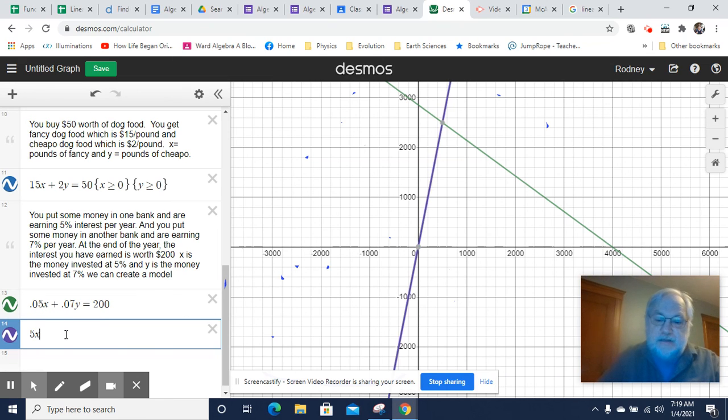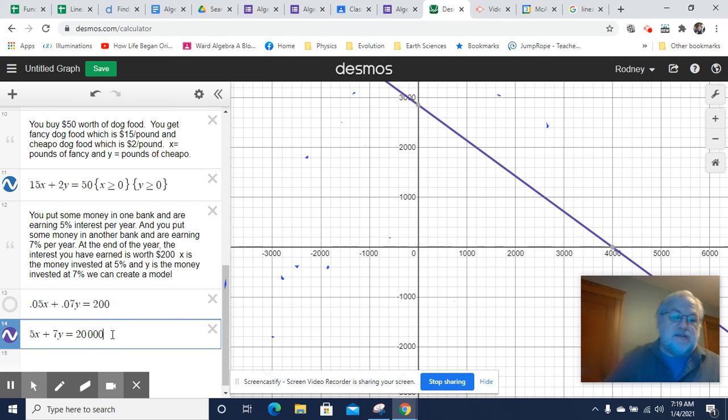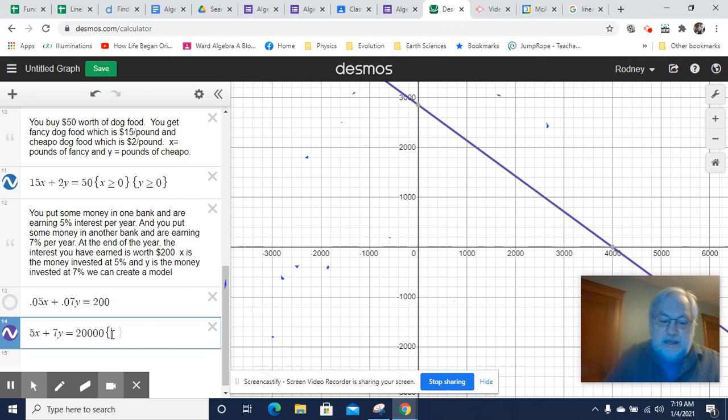I end up with 5x plus 7y equals 200 times 100 is 20,000. And that's the equation. And of course, you're not investing negative amounts, so we're going to say x is greater than or equal to 0, and y is greater than or equal to 0.